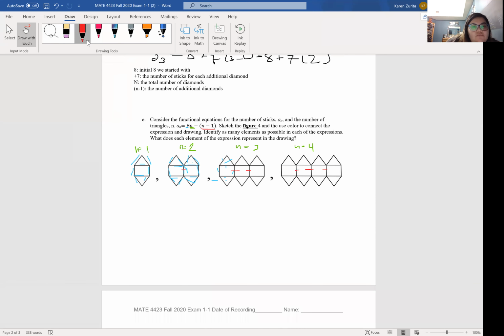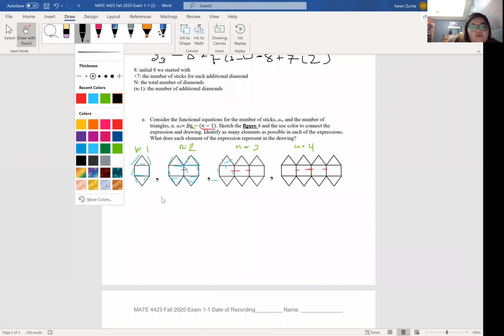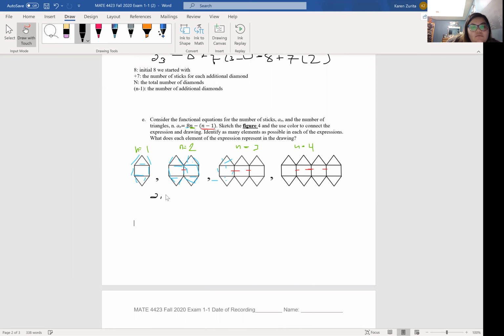So we can see this by doing A1, which equals 8 times 1 minus 1 minus 1, which is equal to 8 minus 0, because there are 0 shared toothpicks.